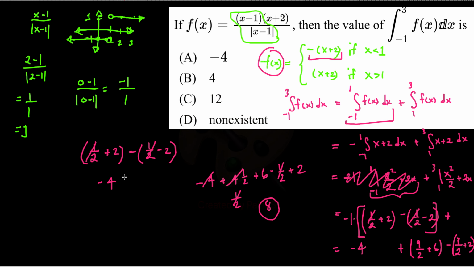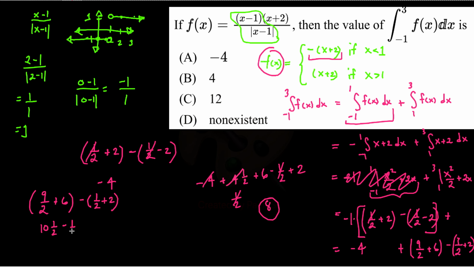Now let's do this integral again. So 3 squared over 2 is 9/2 plus 2 times 3 is 6. That's me plugging in the upper bound, minus the lower bound, minus 1/2 plus 2. Okay, and I have to distribute this minus. Maybe I didn't do that. So this is 4.5 plus 6, which is 10.5.